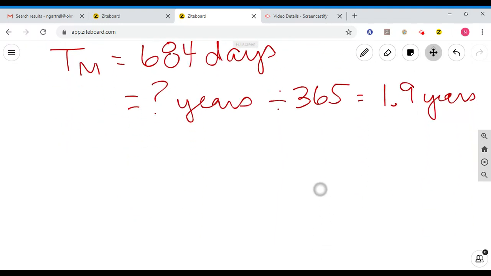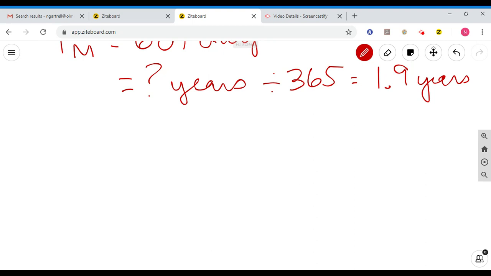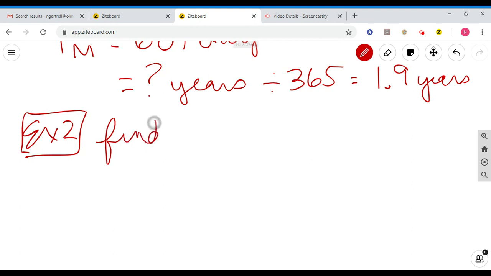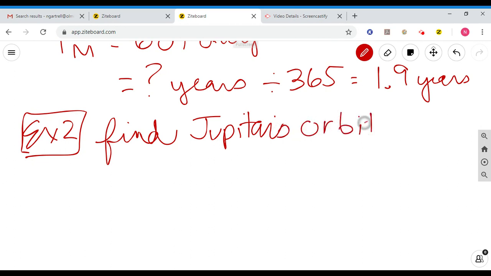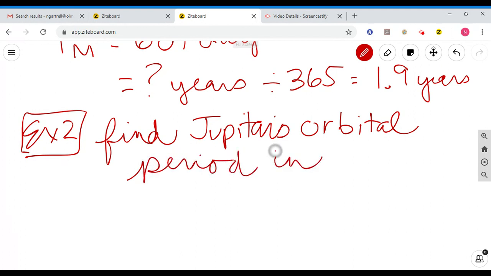So now let's go ahead and we will do example 2. Example 2 is let's find Jupiter's orbital period in Earth years.